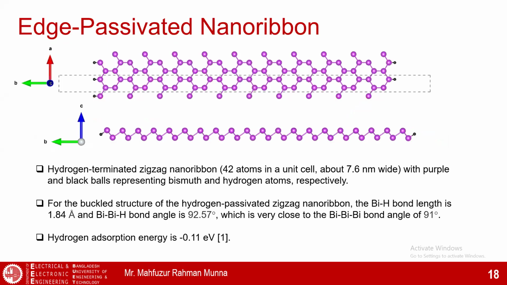However, if we passivate the edges of the nanoribbon by hydrogen passivation, where the black circles represent the hydrogen, those trivial edge states due to dangling bonds vanish, and we can observe the Dirac linear dispersion around the Fermi level.